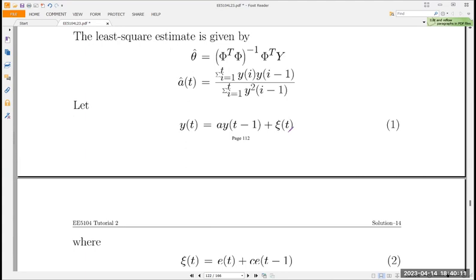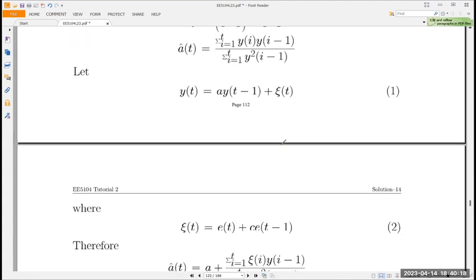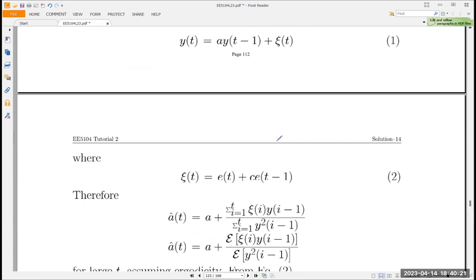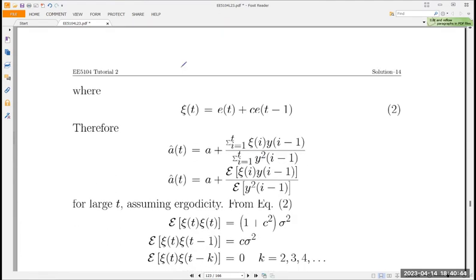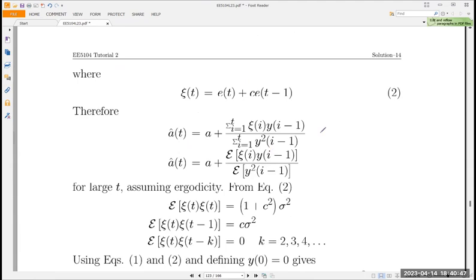So see what happened. I take psi to represent the rest. If you do that, then you stick this psi inside here, and you will get A hat equals to this.